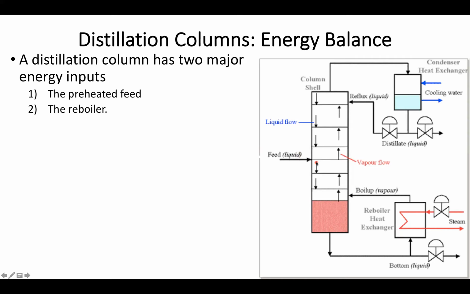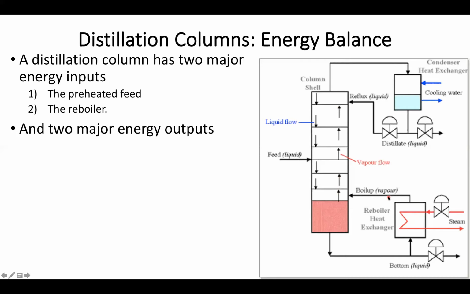This usually means there's going to be some large degree of vaporization already happening on our preheated feed. Similarly, the reboiler is going to be a constant source of energy that helps keep vaporization occurring all along my apparatus. So this reboiler can actually be quite a substantial energy input in and of itself.